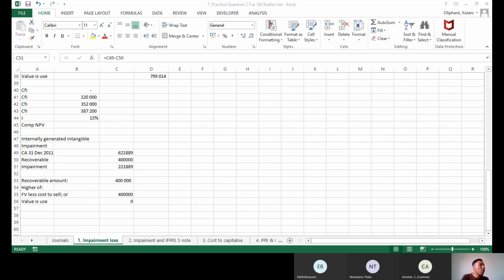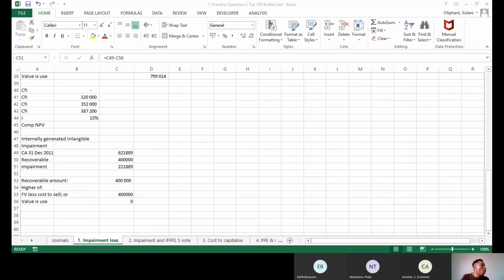But I think the solution is well documented in terms of what that note will look like.